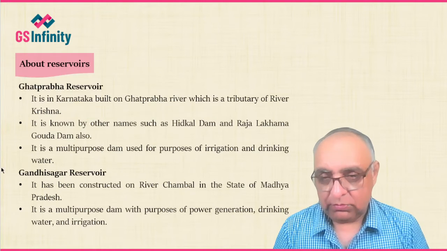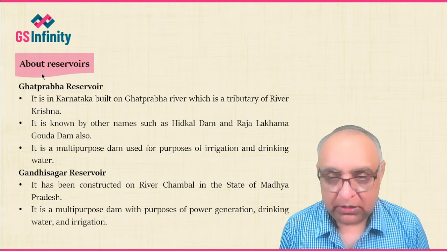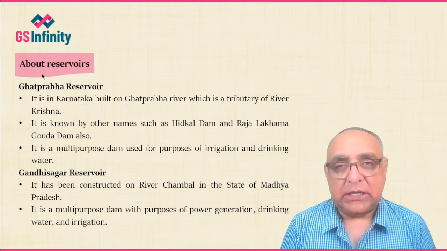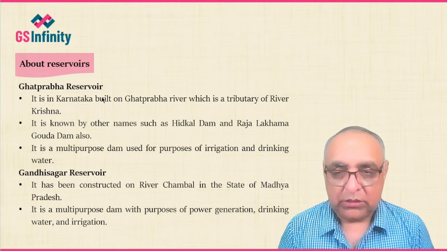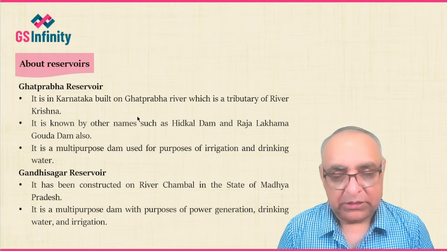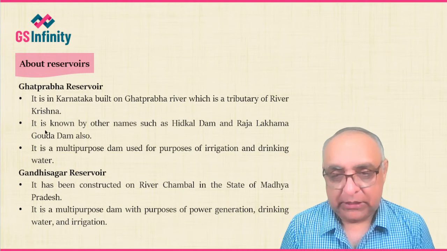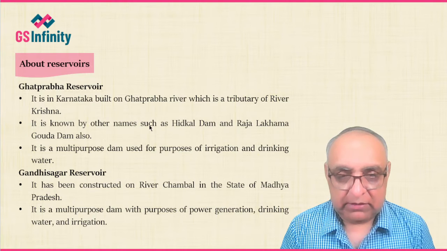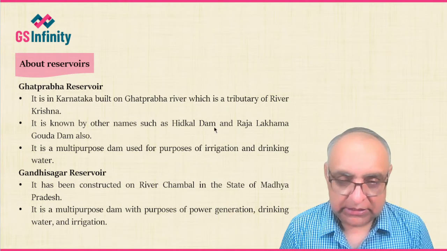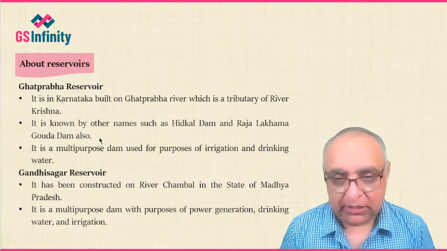So more information about reservoirs. Ghataprabha Reservoir is in Karnataka, built on Ghataprabha River, which is a tributary of the river Krishna. We have already discussed it. It is known by other names such as Hidkal and Raja Lakhamagouda Dam also.